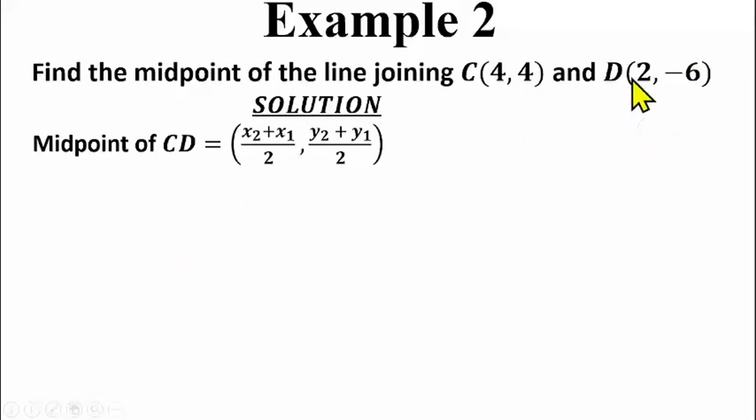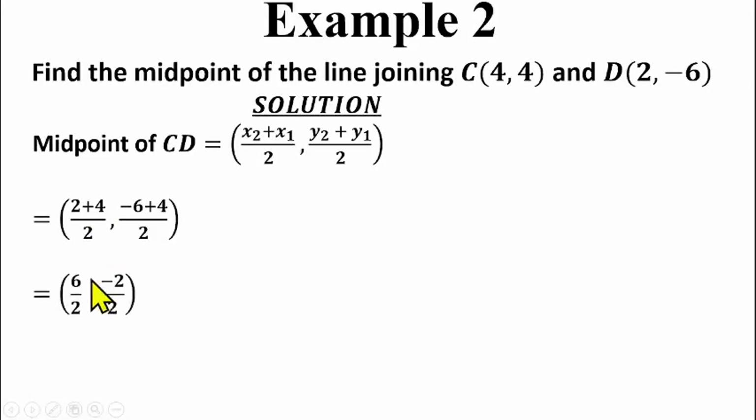So if you put x2 is 2 plus x1, which is 4, that gives us 2 plus 4 over 2. Our y2 is minus 6, our y1 is 4. So that gives us minus 6 plus 4. So from there, you'll be having 2 plus 4 over 2, comma, minus 6 plus 4 over 2. 2 plus 4 will give us 6.